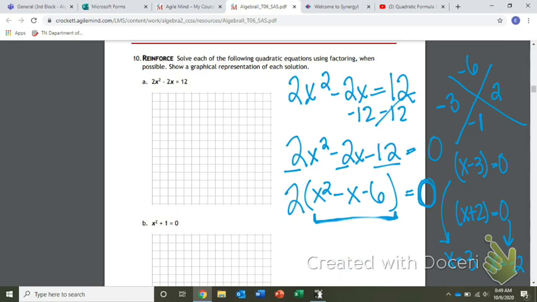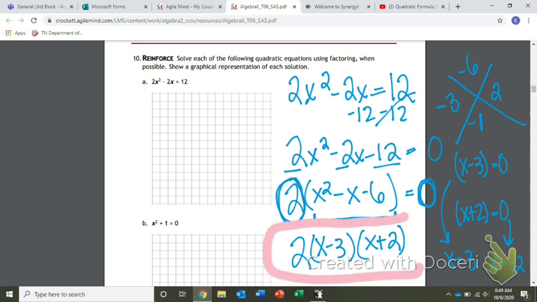We did not do anything with this 2, so I'm just going to bring it down. However, I did simplify that big parentheses into 2 smaller parentheses. So this is my simplified equation.